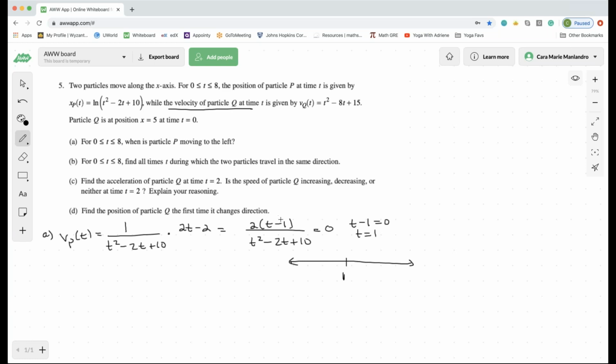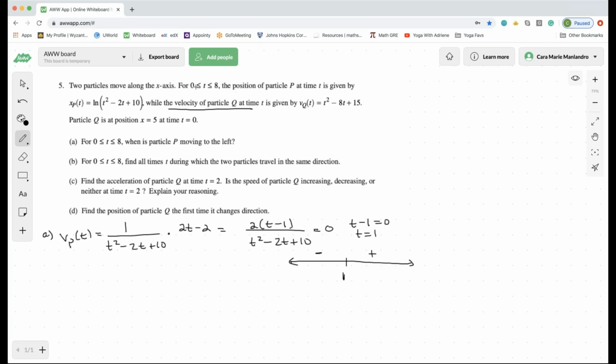So if I was to plug in 0 into my derivative, what do I get? I would get 0 minus 1, which is negative, and then I would get 10 on the bottom, so negative. And then if I plug in a 2, I would get a positive.